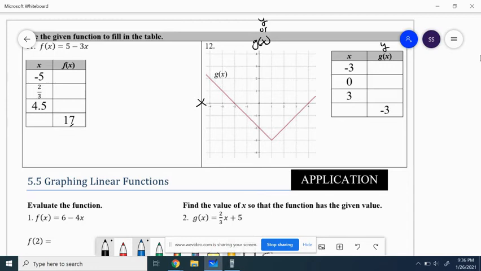If I go over to -3, that's right here, and I start looking up and down. I'm not going to find the function looking down, but I will find the function right here, and this point is at -3, +1. So when x is -3, y is 1.